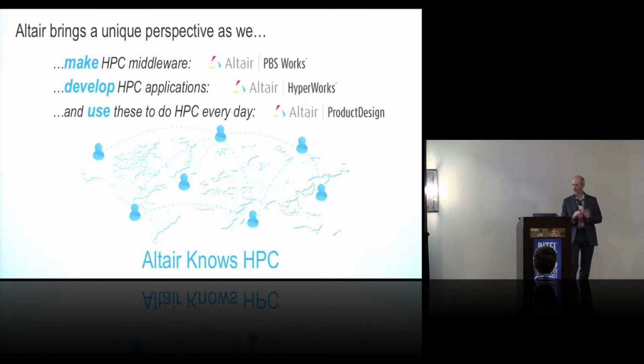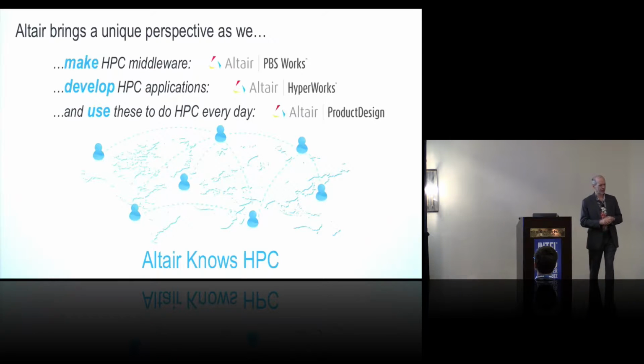Okay, two marketing slides, I think, only for Altair. Here's what I think we bring: a pretty unique perspective to high-performance computing. Altair's been around for 30 years, with global offices all over the world and about 2,000 employees plus.